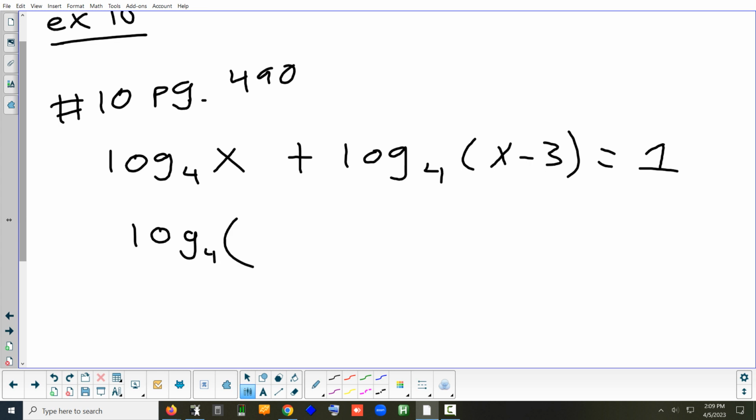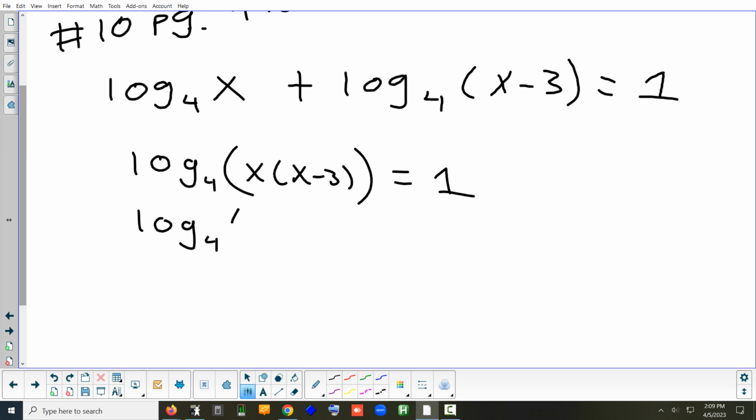And when you say combine them, what are the 2 things I'm going to combine, and how am I going to do it? You're going to multiply x times x minus 3. It's actually a little easier than the problem we did because that's not even a double distributive. That's just a single distributive. It's going to make it easier. And that's still equal to 1.